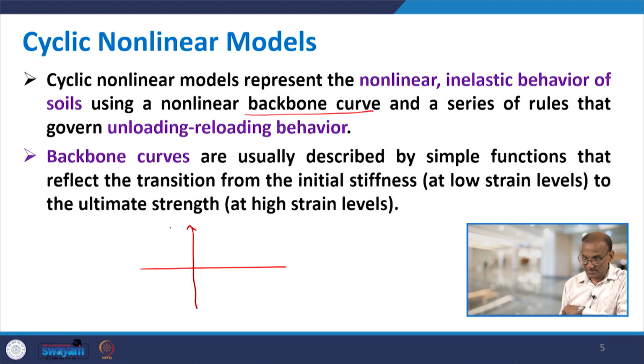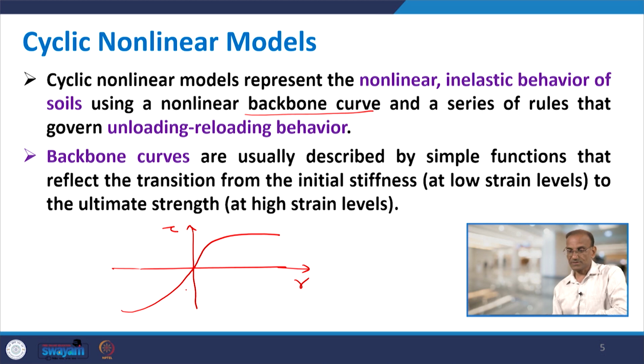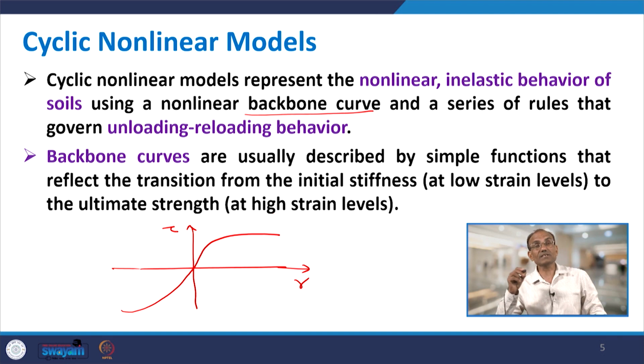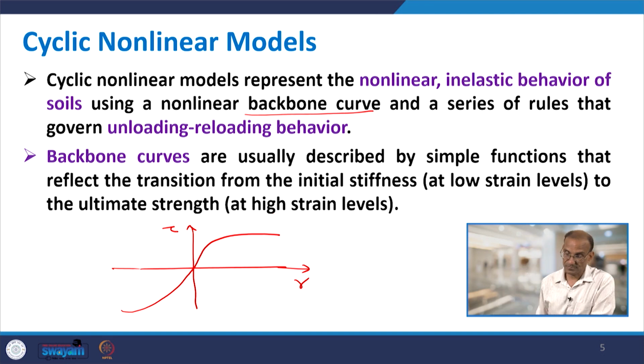You have shear stress and shear strain on the x axis, and the tips of the stress loops will create the backbone curve. So, it looks like this. And the backbone curve is prepared using the coordinates of the tip points of the stress loops.